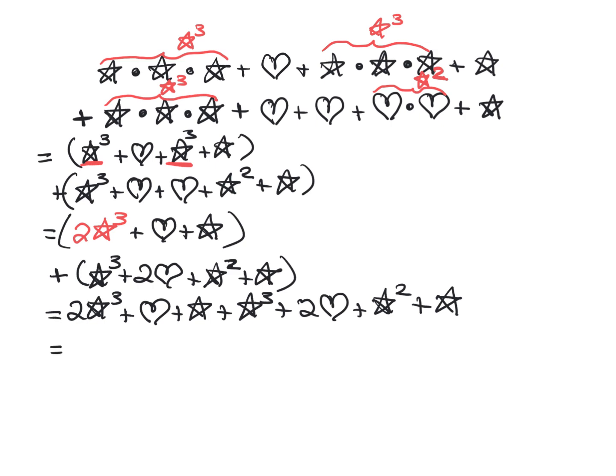So let's start off with all the single things, the things that don't have powers at the beginning. Okay, so I have a single heart and 2 single hearts first. So I'll do a heart plus 2 hearts. And then I have a single star in 2 places. And then do I have any squares? Yeah, I have 1 star square.